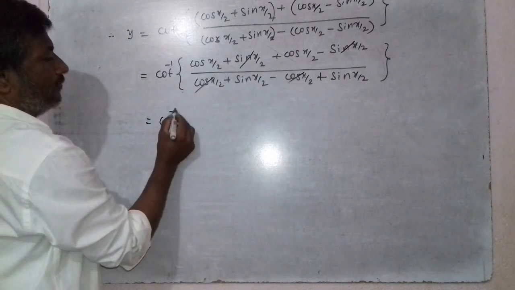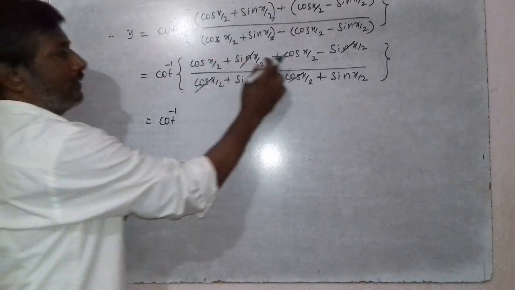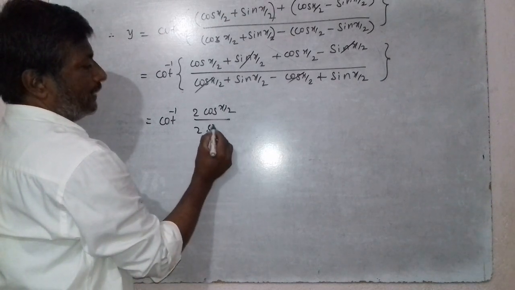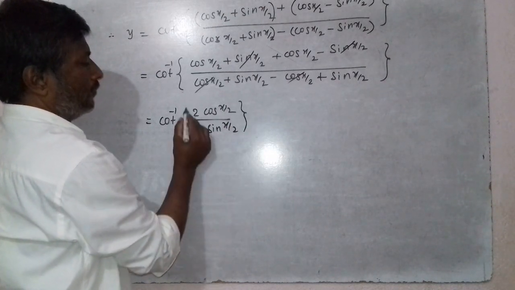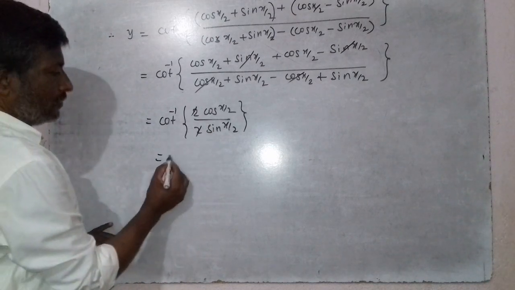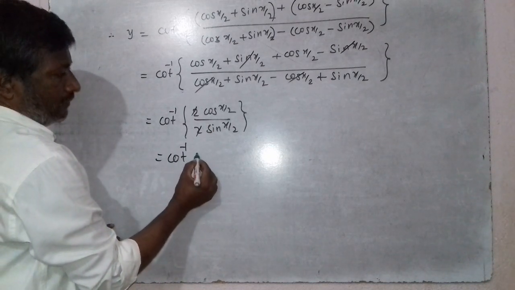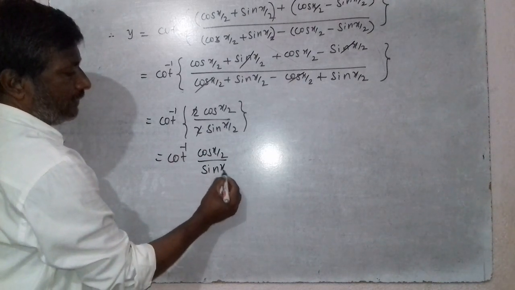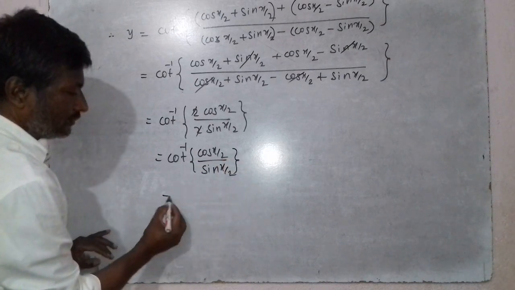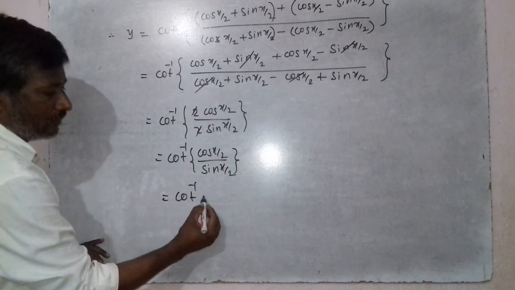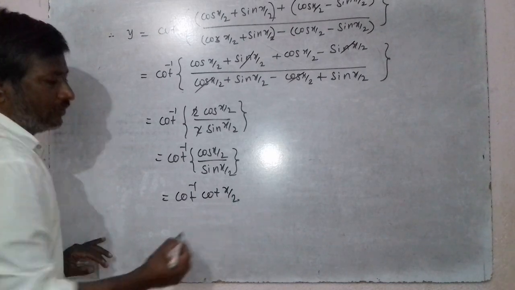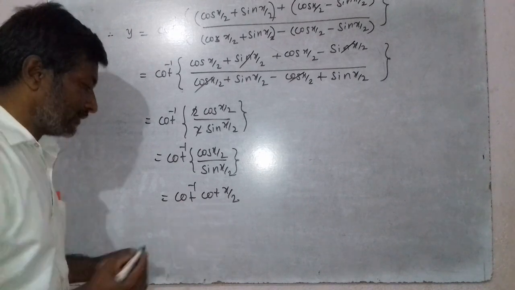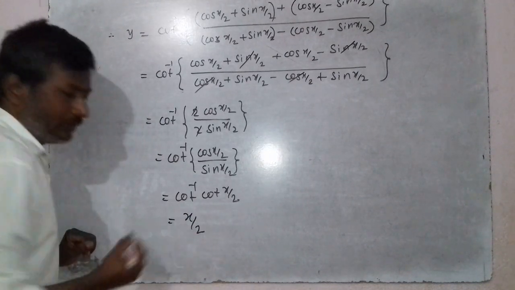Therefore, cot inverse of 2cos(x/2) over 2sin(x/2). Again the 2 cancels. Cot inverse of cos(x/2) divided by sin(x/2), which equals cot inverse of cot(x/2). Now these two cancel. This equals x/2.